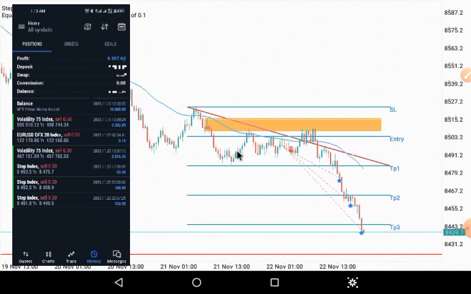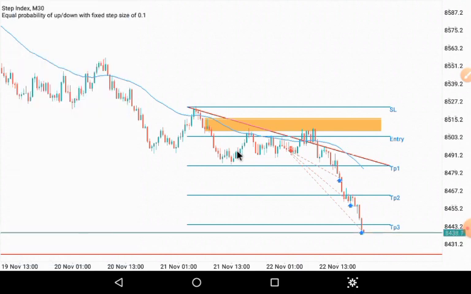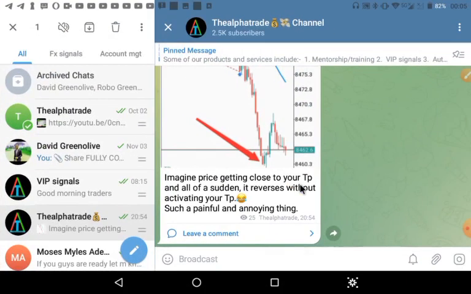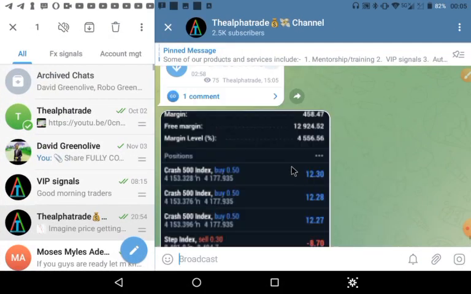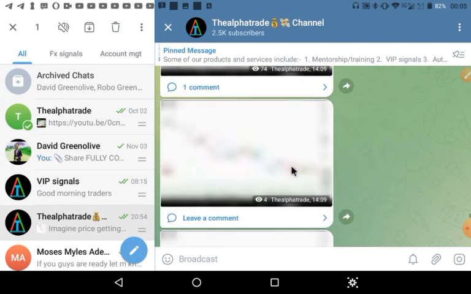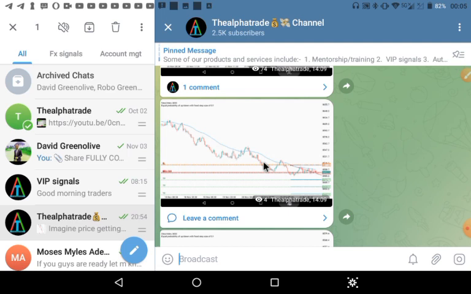So there was enough breathing room for the price to move and to do all the manipulations before going my way. That was exactly what I did, and that was how I posted it in the Telegram channel, which I believe you guys took advantage of. Okay, so look at it.